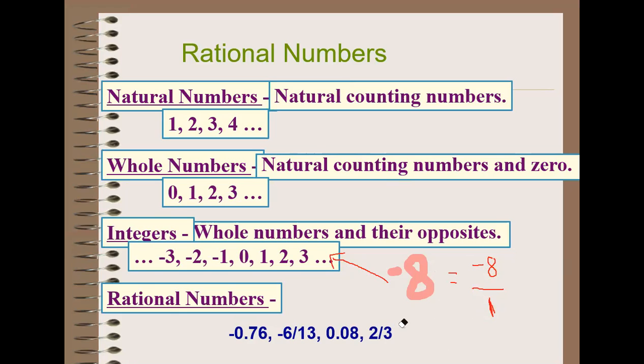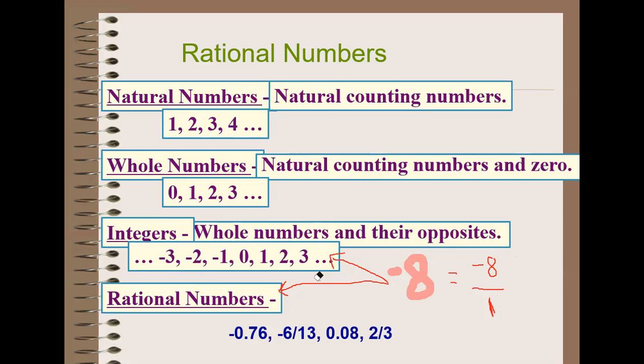So we can say something important here. When we classify negative 8, it will belong to integer and rational numbers. So we can say all integers, all whole numbers, all natural numbers can belong to the rational in case we put the denominator equal to 1. But not all the rational numbers belong to the integers or whole or natural.